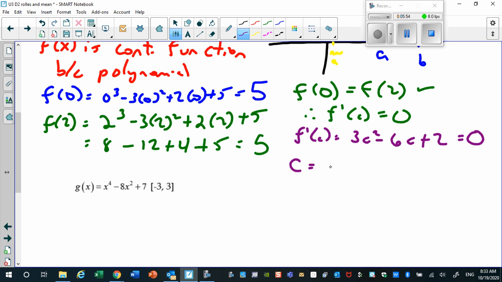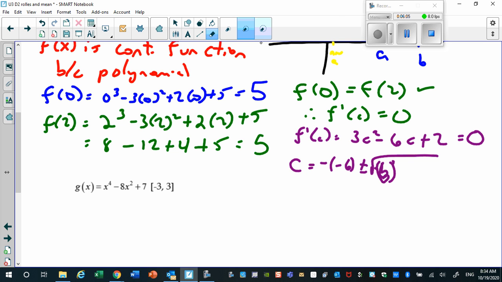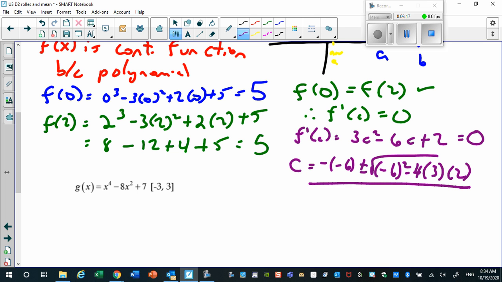The quadratic formula. Negative b plus or minus the square root of b squared minus 4 times a times c all over 2a.